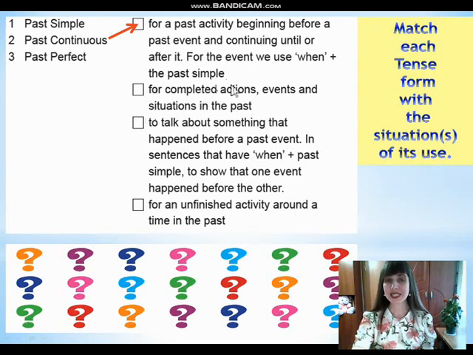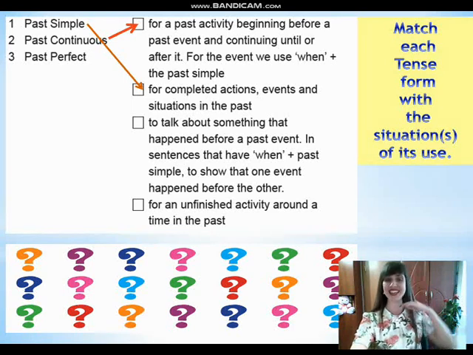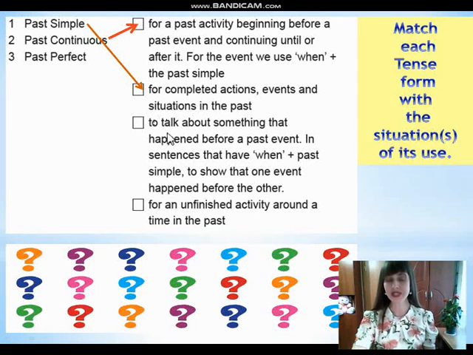Okay? So the second situation of use. This grammar tense is used for completed actions, events, and situations in the past. The key word is completed. So, 3, 2, 1. This is the past simple tense. So nice. Great. The third situation of the use.